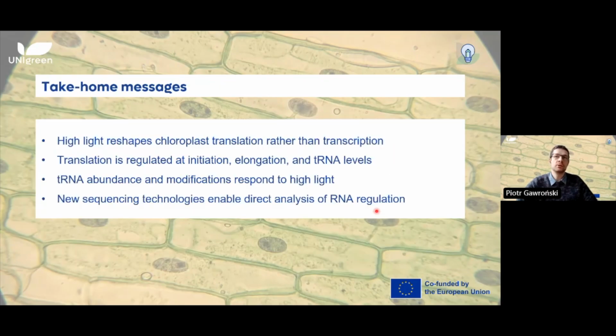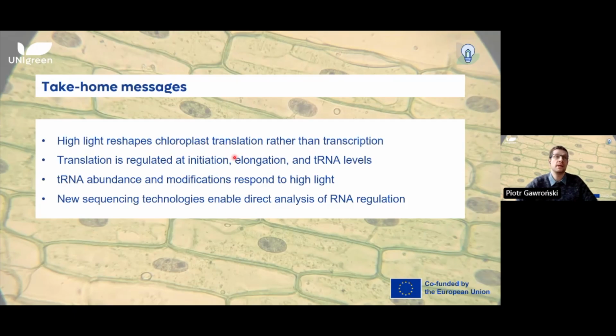Here, I would like to summarize the main points of this presentation. High light creates a strong demand for rapid PS2 repair. And as a result, chloroplast gene expression is regulated primarily at the level of translation. And translation is controlled at multiple stages, including initiation and elongation.